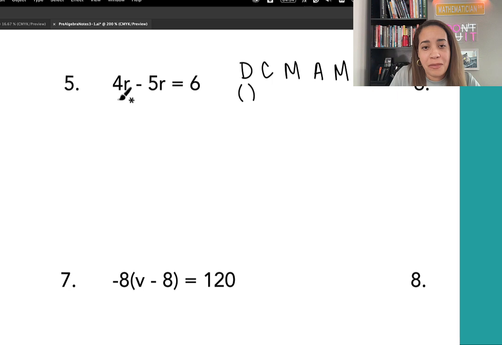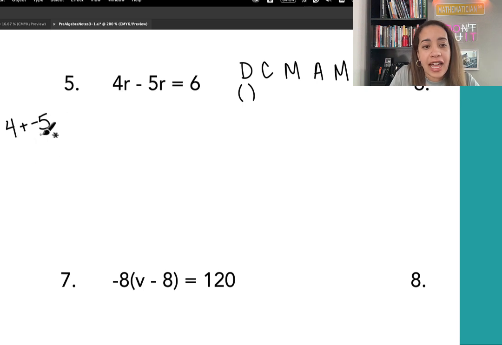In this problem, I do see that we can combine like terms on the left side. Both of these have an r in them, so I just need to think about 4 minus 5. You can also think about 4 plus negative 5.